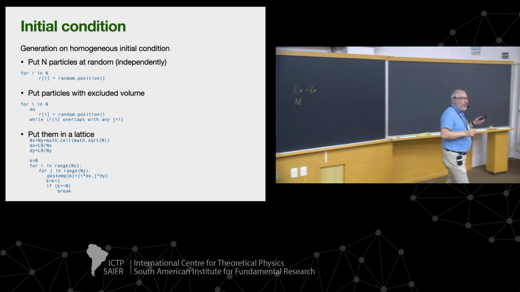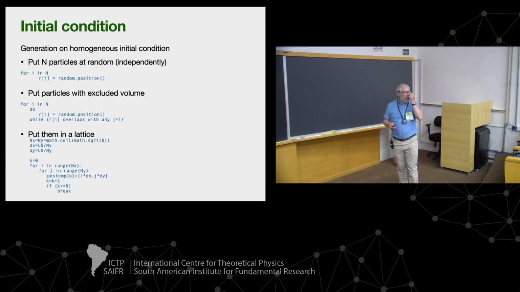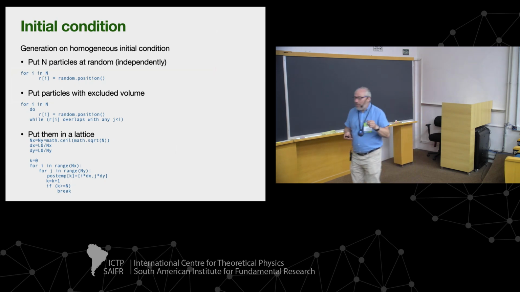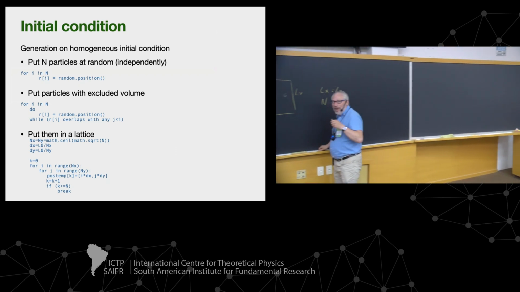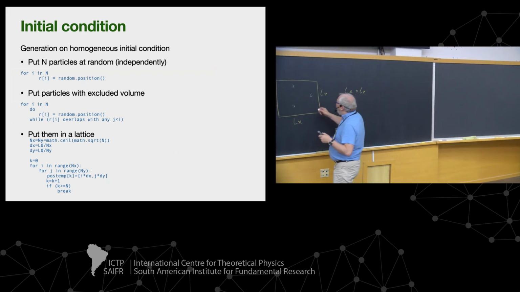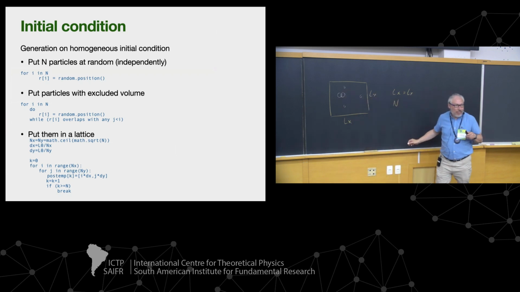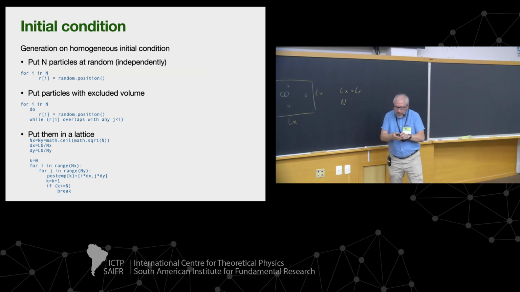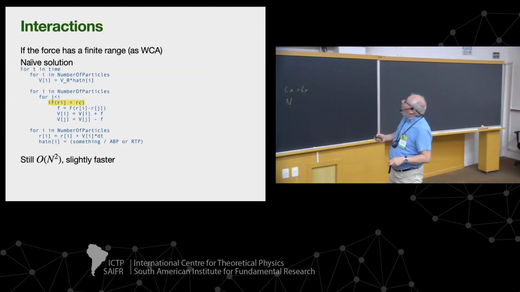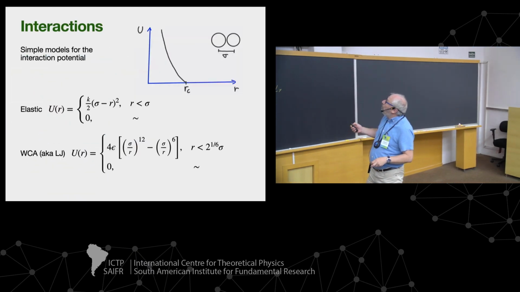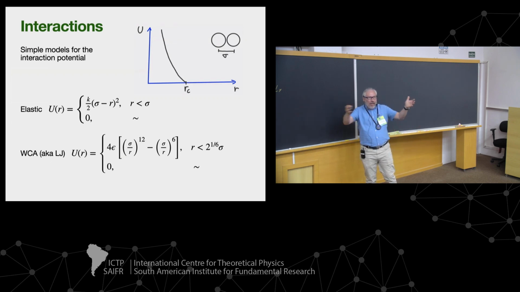Probably most of you have done this at some moment of your life, and you know that it doesn't work. It doesn't work because with very high probability two particles are going to overlap strongly. If they overlap, then the potential is going to be large, and then high forces are going to appear, and the system is going to blow up.